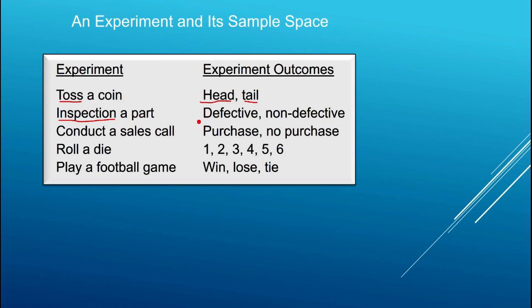So you may not be able to fully look at every single piece and inspect it before you ship it off to a customer. In this sample, there are two outcomes. Either a test is passed and the part is found to be non-defective, or the part does not pass the test and it's found to be defective.